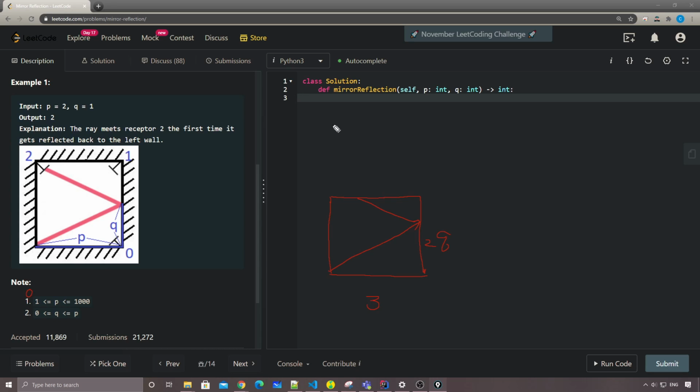But that will make it harder for us to observe. So what we can do is extend this square by 1 here. Since this will reflect to this side first, it is identical to this line here. And then this one will go to here, and this one will go back to here.